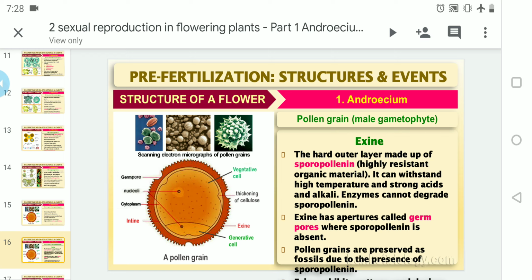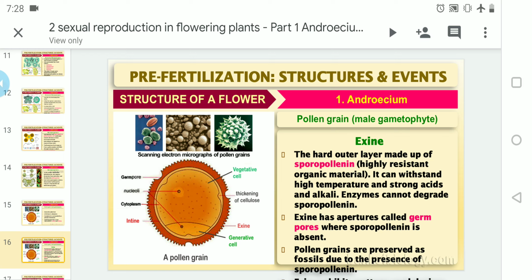And the exine has apertures, so-called germ pores, where the sporopollenin is absent. Actually, based on these apertures also, the classification is done. Those things we will discuss in the competitive classes. For example, if it contains only one pore, then it is considered monocolpate.